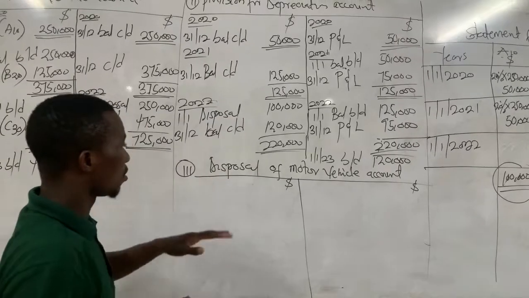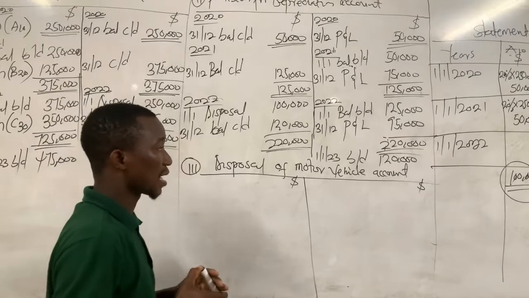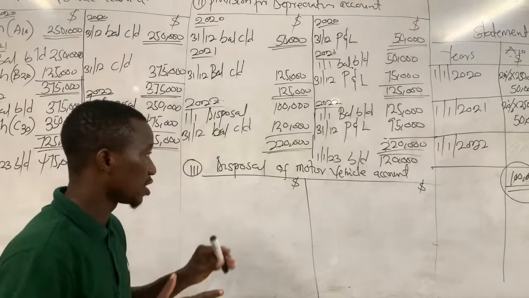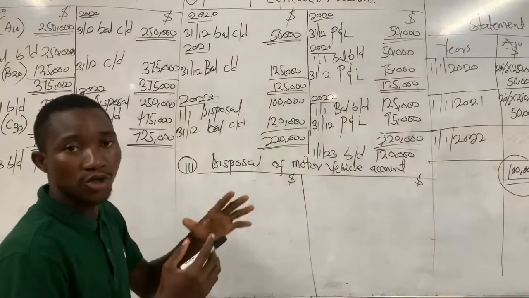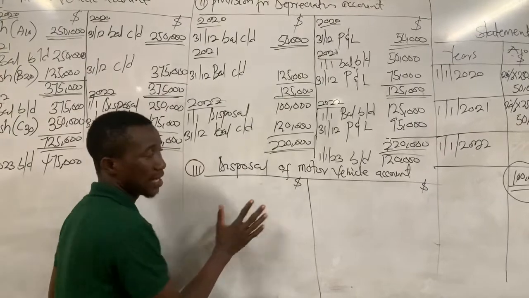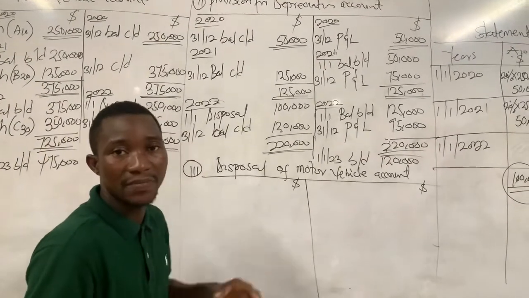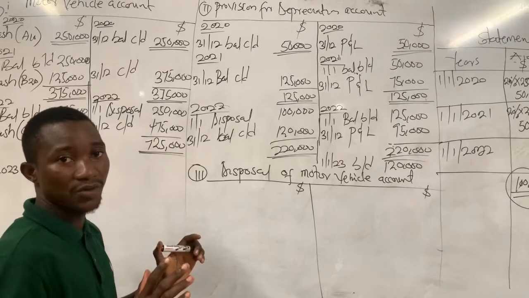With this disposal of motor vehicle account, we prepare this account to ascertain the profit or loss made on disposal. Is that okay? So for the asset that we dispose of, we debit the asset disposal account, then we credit accumulated depreciation and credit proceeds on the disposal. So that is what we are going to do.